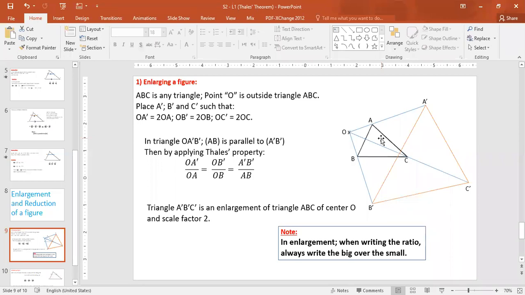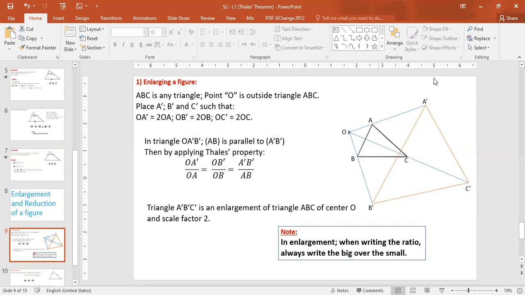So here I have enlarged the triangle ABC. So triangle A prime B prime C prime is the enlargement of triangle ABC, okay? How did I get this? If I look at triangle ABC, and in this triangle, I have taken a point O, A prime, B prime, this triangle here.